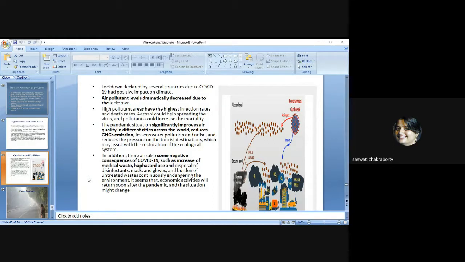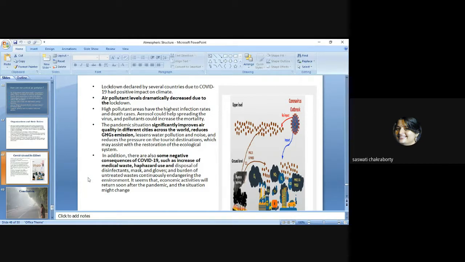since people were confined in their homes, they were using refrigerators, ACs, and high-end electronic devices, which were technically or indirectly giving positive feedback to chlorofluorocarbon, or if not chlorofluorocarbon, hydrocarbon emission.